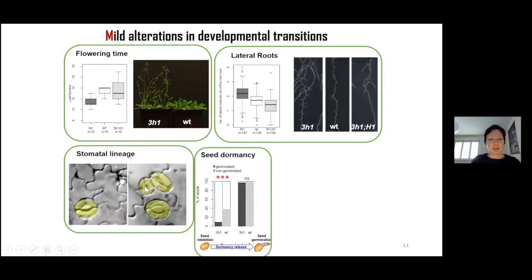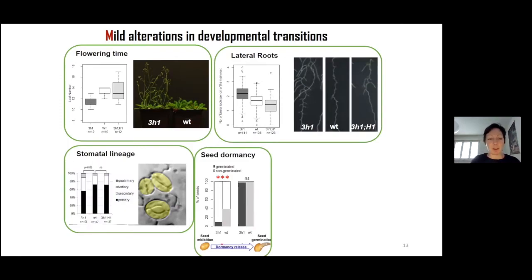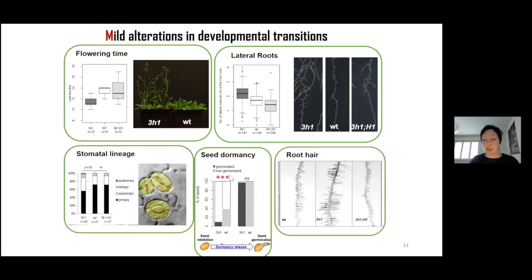What we also have is a stomatal lineage which is not very stable. We still have a proper density across the leaf, but we have a higher frequency of clustering of the stomata. And that's usually a phenotype associated with a lack of stability in the stomatal lineage. We also know that the stomatal lineage is controlled by the PRC2 function, so it's an interesting correlation. What we also found is that the 3H1 mutant develops much more root hair.